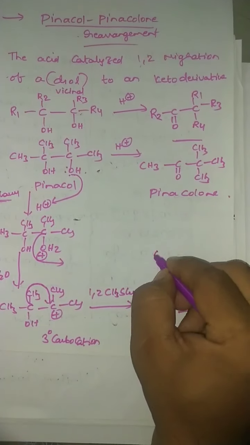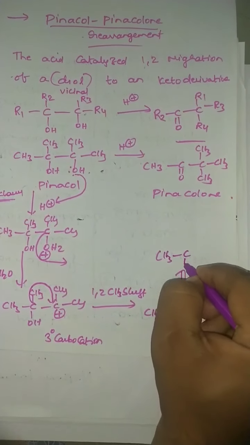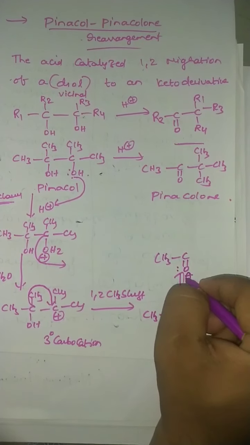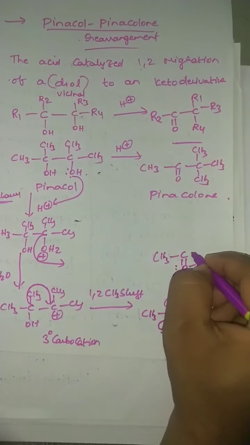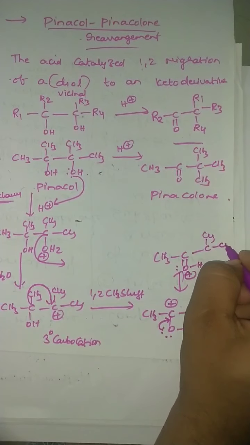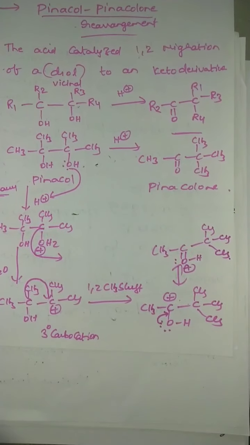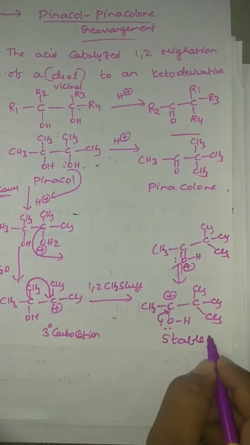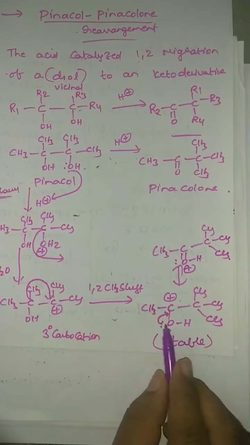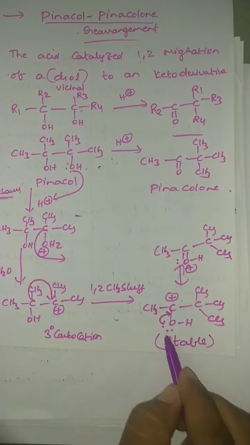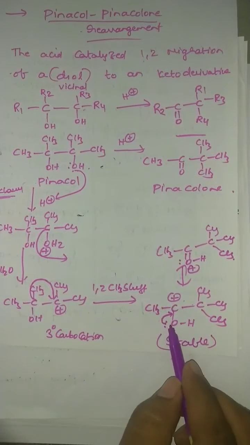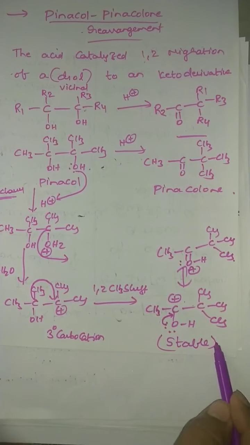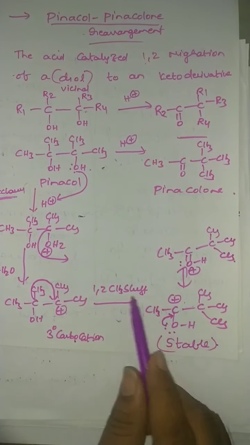So CH3 C double bond O, like this you will get. Right? So this is more stable than the tertiary carbocation. Why is this carbocation more stable? Here the positive charge is in resonance. Resonance is applicable in this compound. So that's why this is more stable than this one. That's why rearrangement is possible.